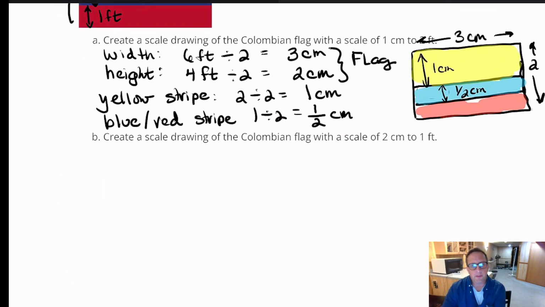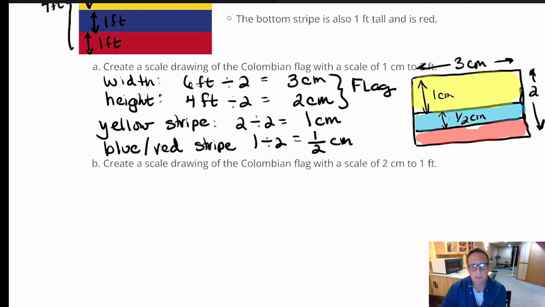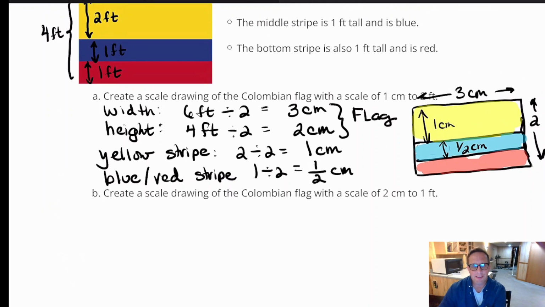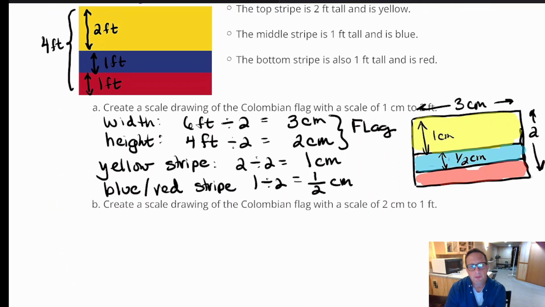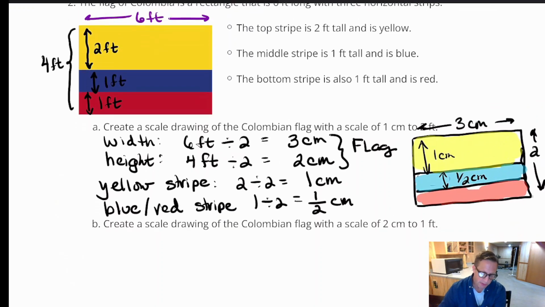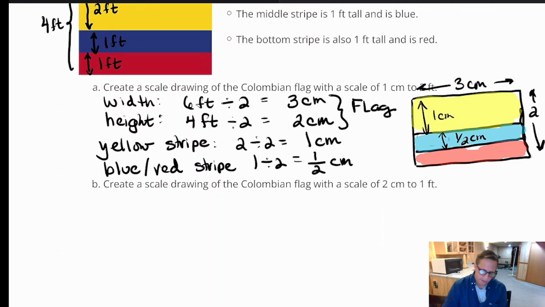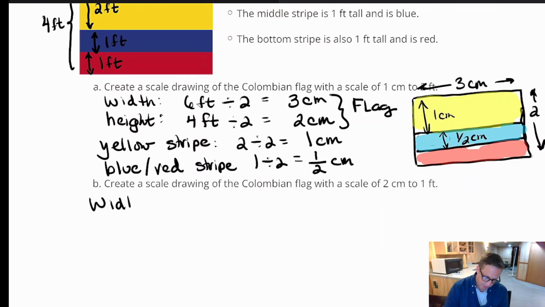And then for B, it says create a scale drawing of the Colombian flag with a scale where 2 centimeters is equivalent to 1 foot. Since the flag in real life is 6 feet, for the width, again, I'm going to map it out here.